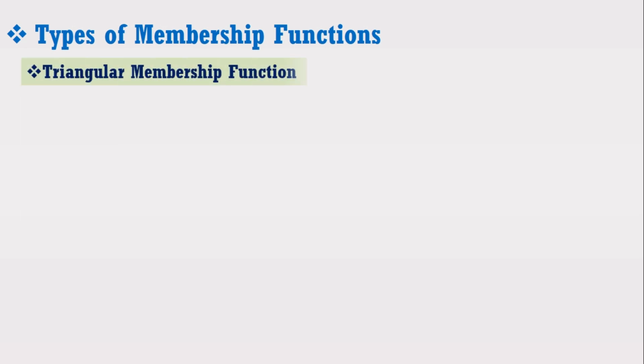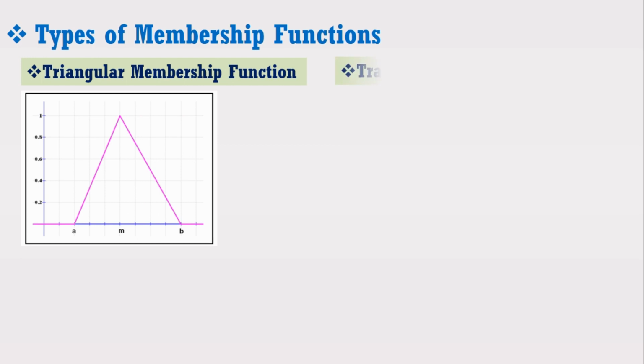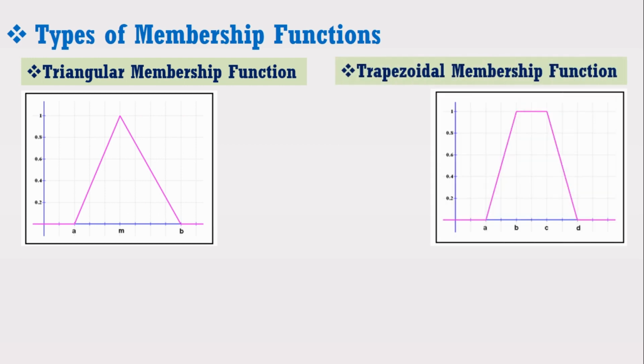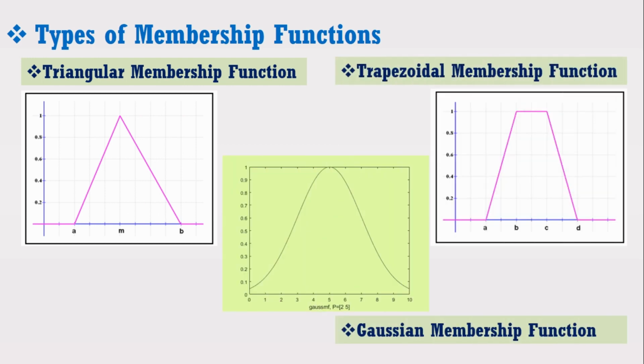Friends, fuzzy logic control has the variety that you may choose various types of membership functions depending upon the type of the system, such as triangular, trapezoidal, Gaussian membership functions, and many more. However, among these, triangular and trapezoidal membership functions are most commonly used.